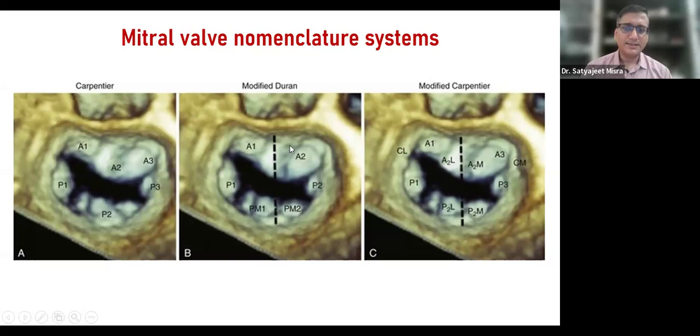Now, there's another classification called the Duran classification. In it, the classification is not based on the leaflet morphology, but on the attachment of the chordae tendineae to the leaflets.